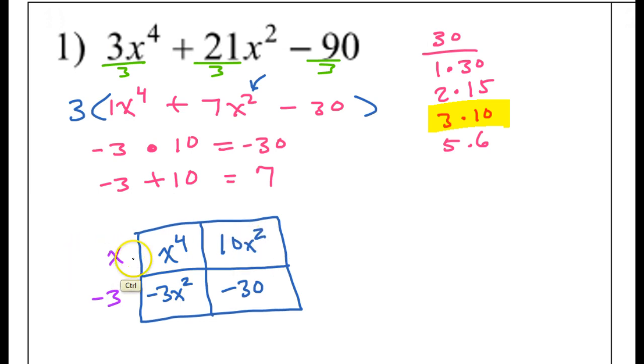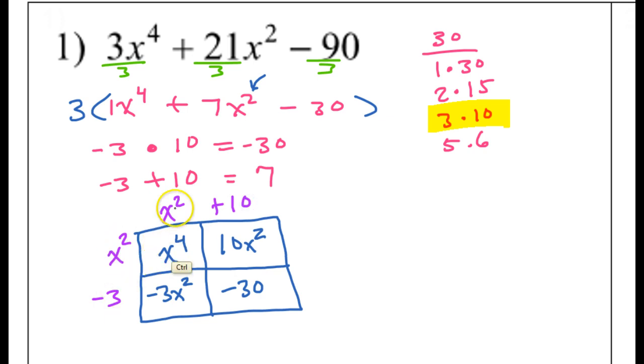Okay, so the GCF of the top row is going to be x squared. All right, the GCF of the bottom row is still negative 3. Now the GCF of the first column is x squared. And the GCF of the second column is going to be 10.